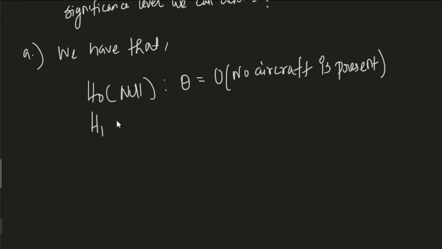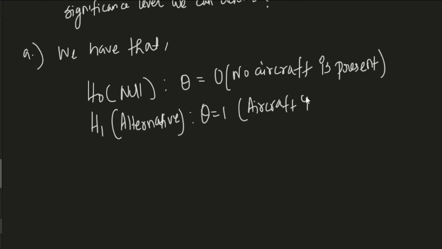Then we have H1, which is basically the alternative hypothesis, and this is theta equals 1, that is, an aircraft is present.